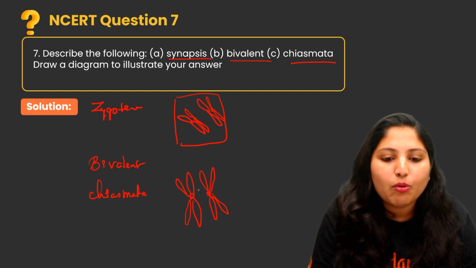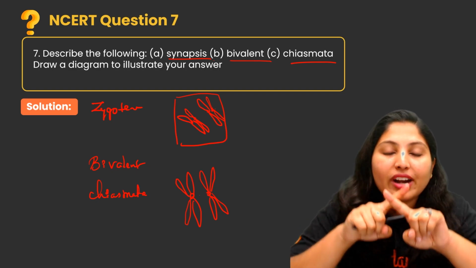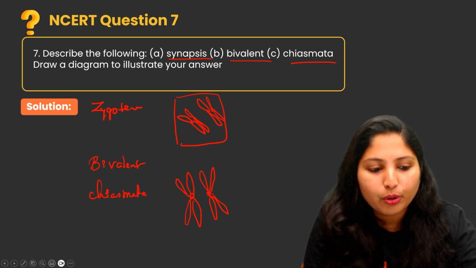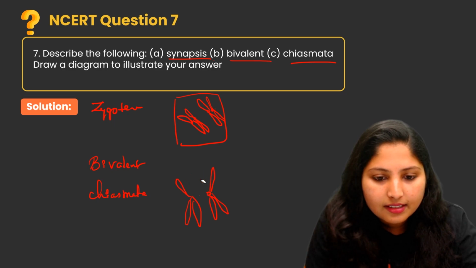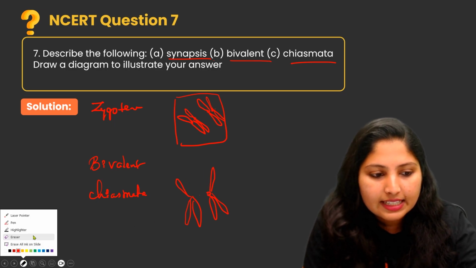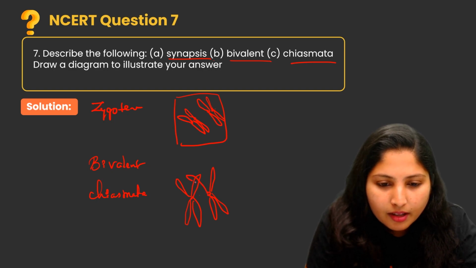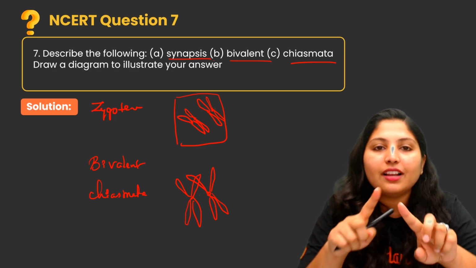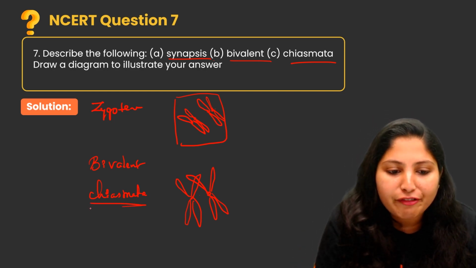After splitting, one X-shaped structure forms. Like this, I'll show you. See here. The non-sister chromatids will cross each other. So this is known as chiasmata formation.